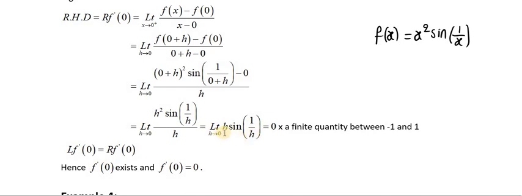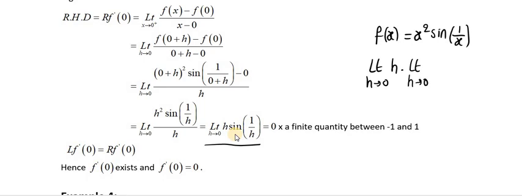Substitute the limit, so 0 into, observe, we have limit h tends to 0, h into sine 1 by h. Here I am going to substitute 0 directly. So 0 into a finite value between minus 1 and 1.